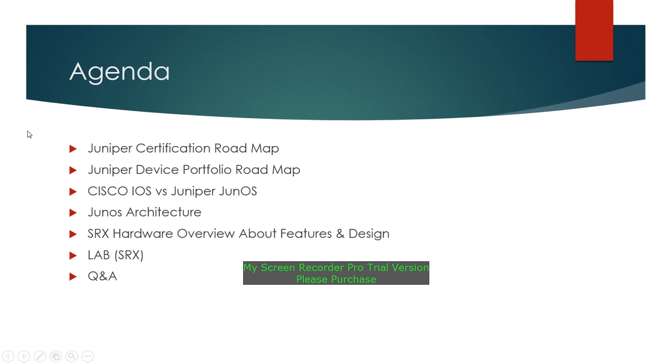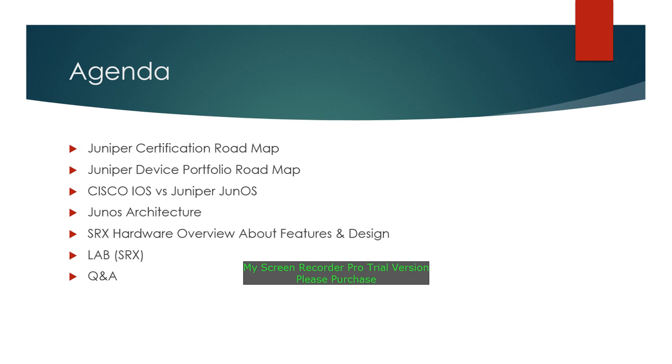So this is the course outline of what we will cover today. First of all, we will look at the Juniper certification roadmap. So what Juniper provides and how we can start with Juniper. After that we will cover the Juniper device portfolio, meaning what all devices are provided by Juniper, whether it is routing, switching, or security.